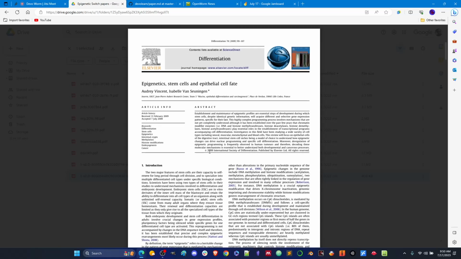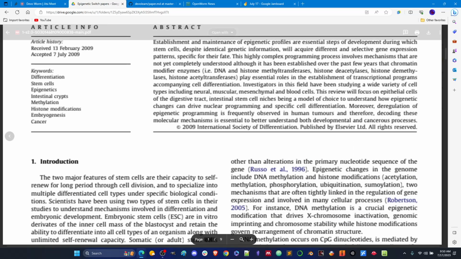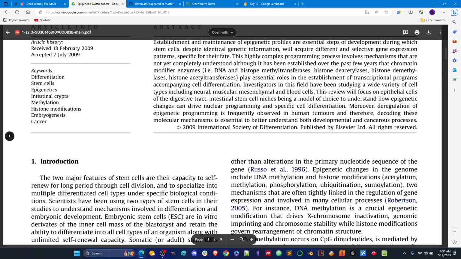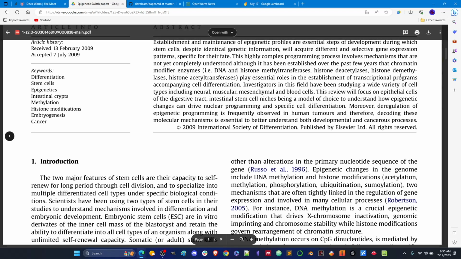This is a review article on epigenetic stem cells and epithelial cell fate, and it goes through some of this work, what they call the histone code, which has to do with some of these epigenetic transformations.